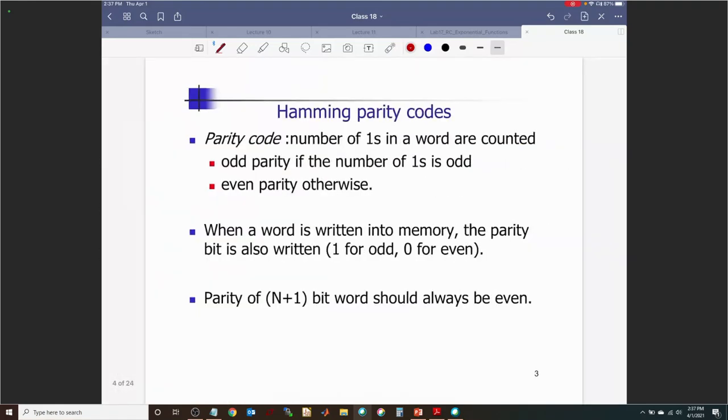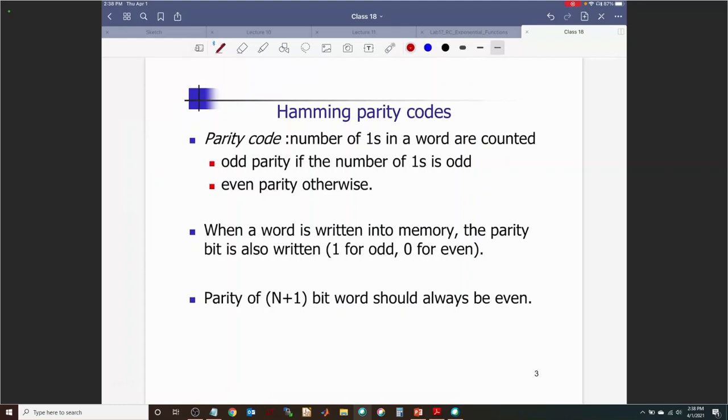Now, the redundancy can be built in several different ways. The one algorithm we will be looking at is Hamming error correction codes. For that, we need to introduce Hamming parity codes. And the moment you hear parity codes, it should ring a bell from earlier about what a parity code is, right?